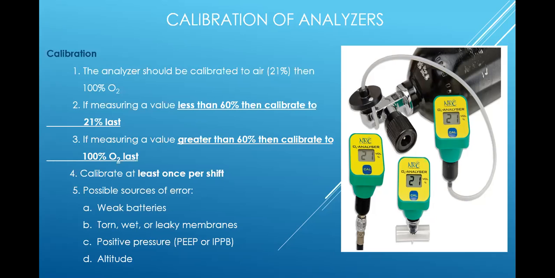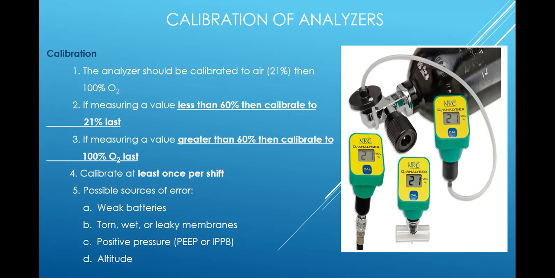When I pull it out of the box, I calibrate to 21% and then 100%. Put it up, okay? But then when I'm ready to analyze a specific patient, if he is on less than 60%, then I'm going to calibrate to the 21% last, okay? I'm going to do 100% and then 21%, and then I will put it on him to see what he is, okay?